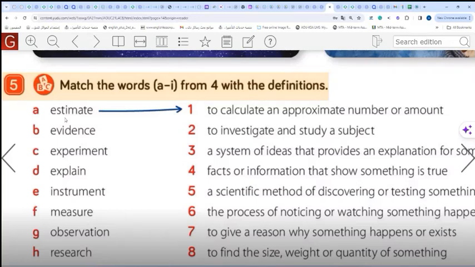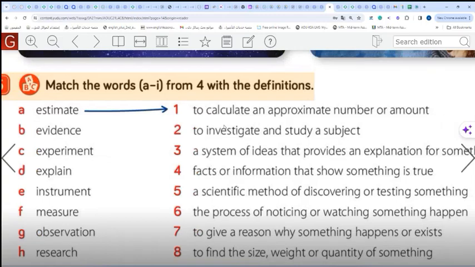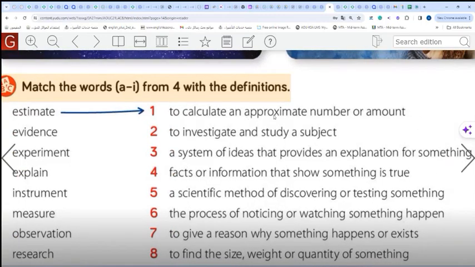Dear students, when I say estimate, it means to calculate an approximate number or amount without the exact number. Don't forget. So, estimate here is something other than calculate.